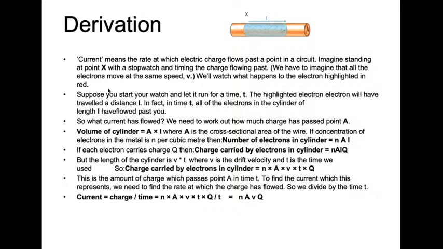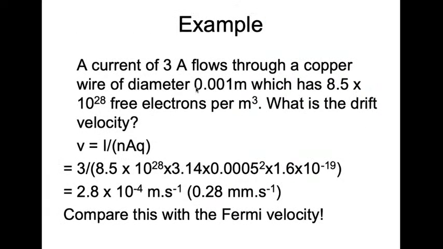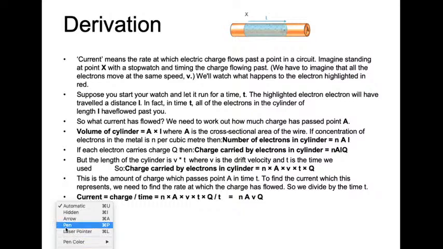So we have to imagine all the electrons are moving at the same speed, right? That would be related to our electron drift. They're all moving randomly, but their net velocity should be the same in the direction created by our electric field. So if we start our watch and let it run for a certain time t, here's our time t that we're counting how many are flowing by.